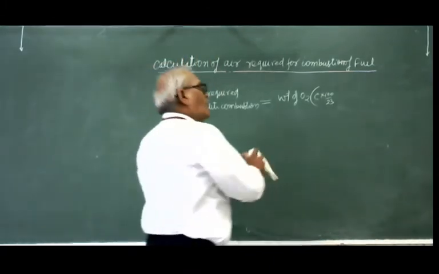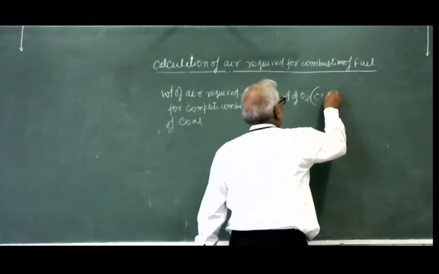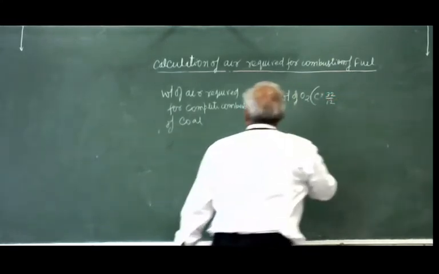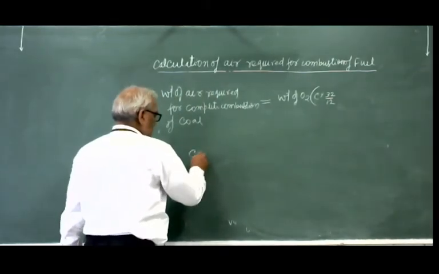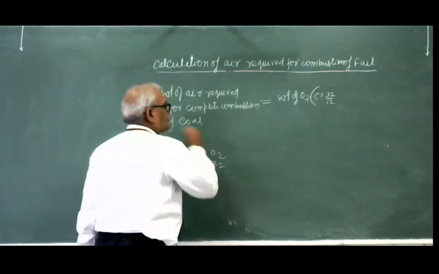Sorry, it is 32 by 12. Just see here, C plus O2, 12 gram require 32 gram oxygen.